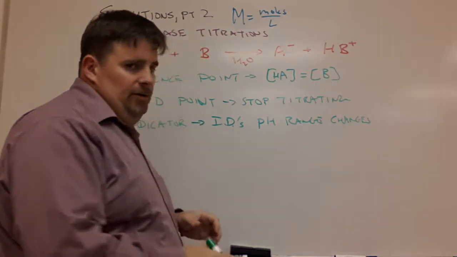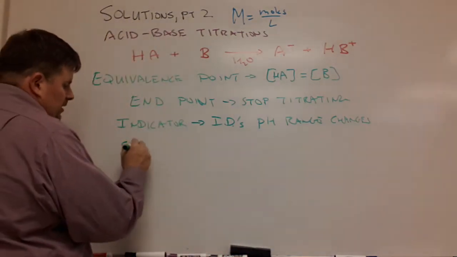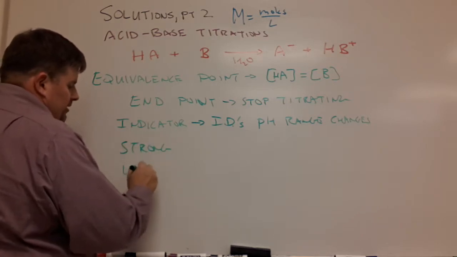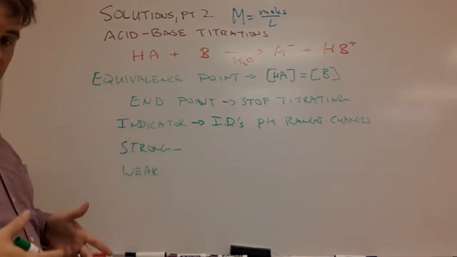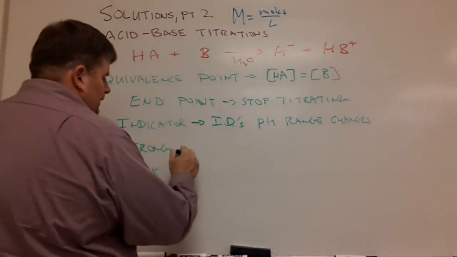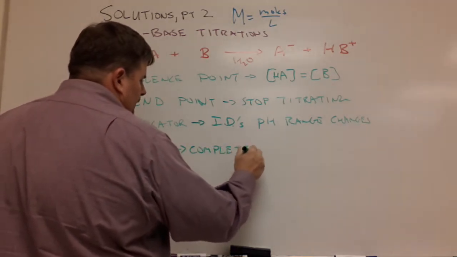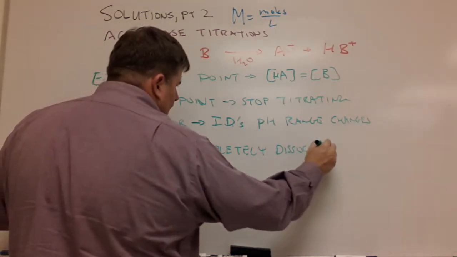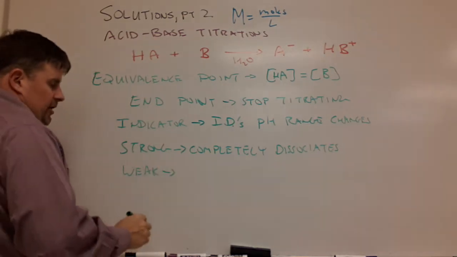Now, there's a couple more definitions. There are strong acids and bases, and this is just like electrolytes, and weak acids and bases. When we use these two terms, strong means that it completely dissociates in the solution, and weak means that it does not completely dissociate.